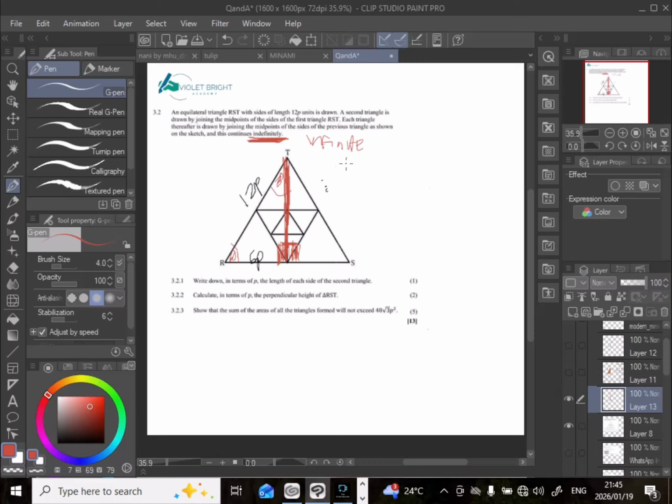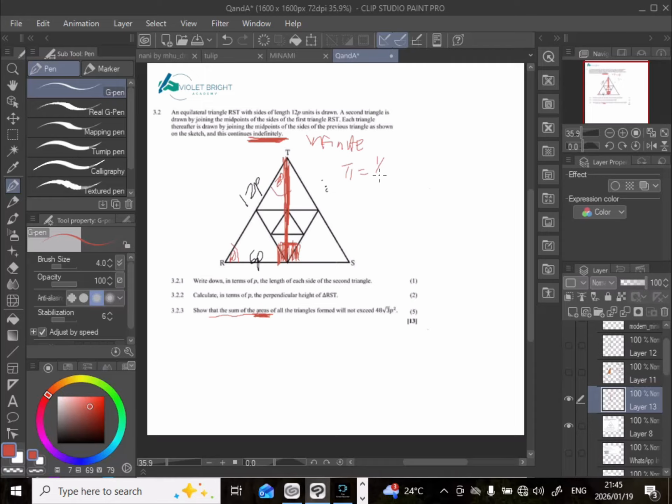we have term number 1, but since we're talking about the sum of areas, we are going to be using the areas of these triangles as the terms in the sequence. I hope you got that.